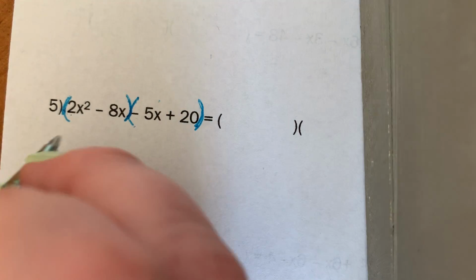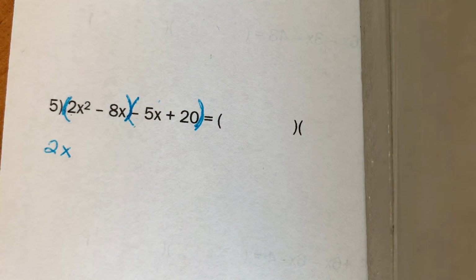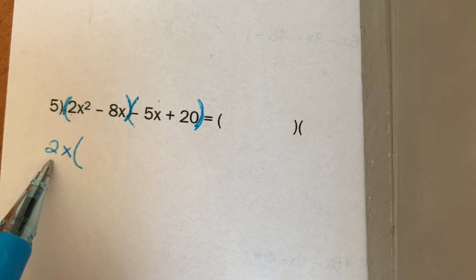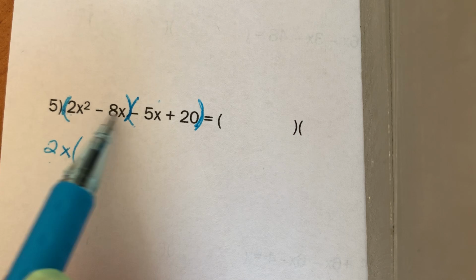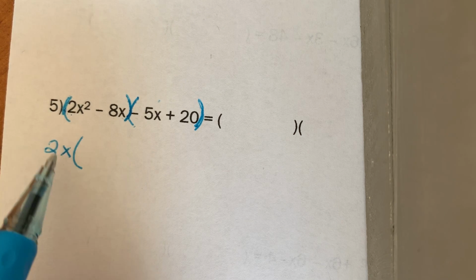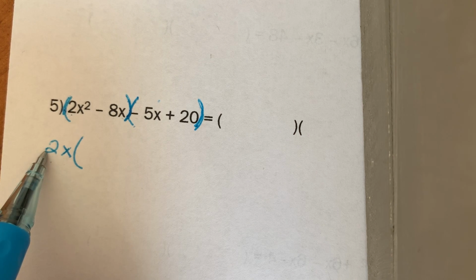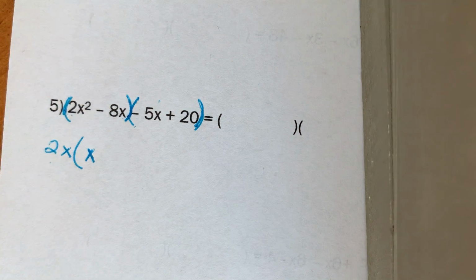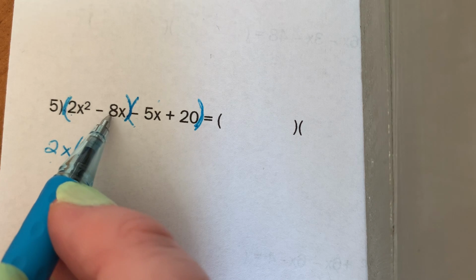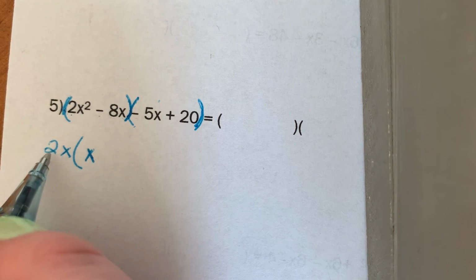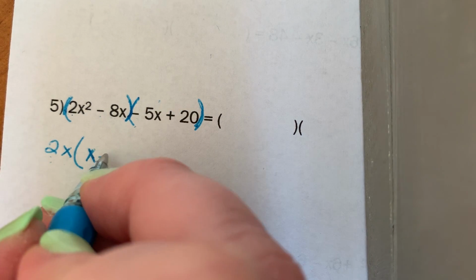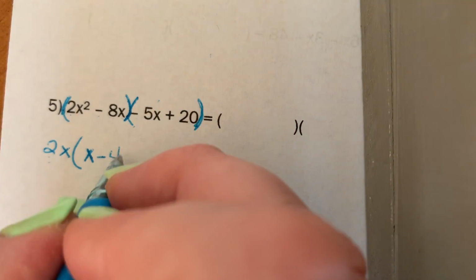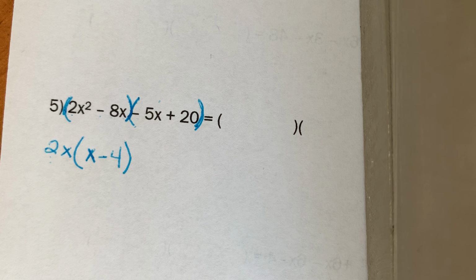So they both have x's, but they only have one x in common. So that's their greatest common factor, 2x. So now you're going to divide both of these terms by 2x. So 2 divided by 2 is 1. X squared divided by x is just going to be x. Negative 8 divided by 2 is going to be negative 4. The x's would cancel each other out. So that's what we're going to be left with.